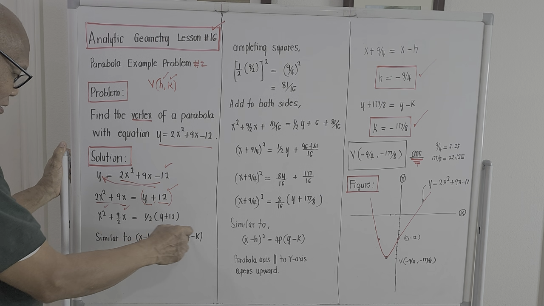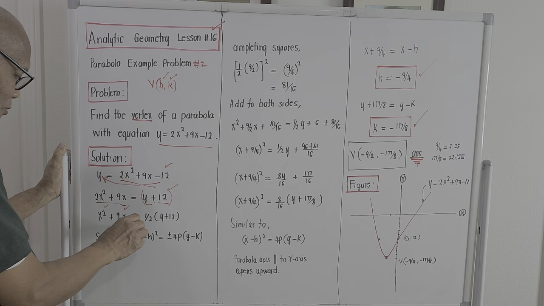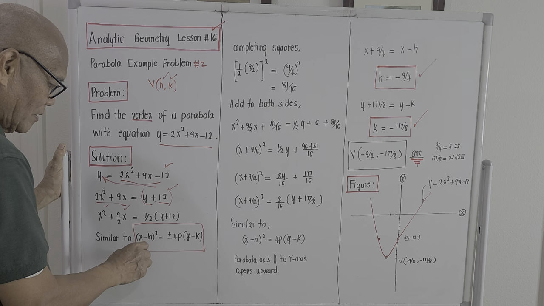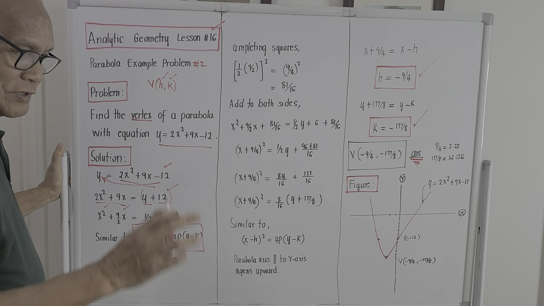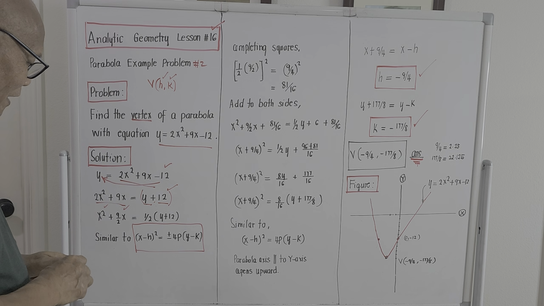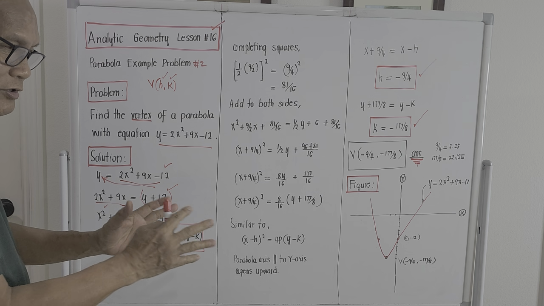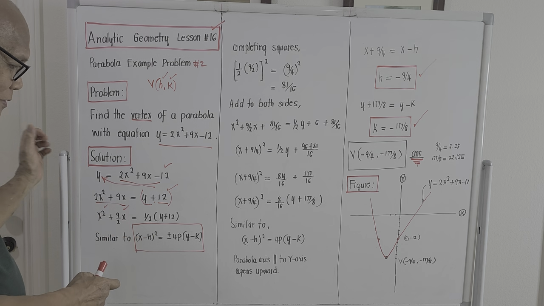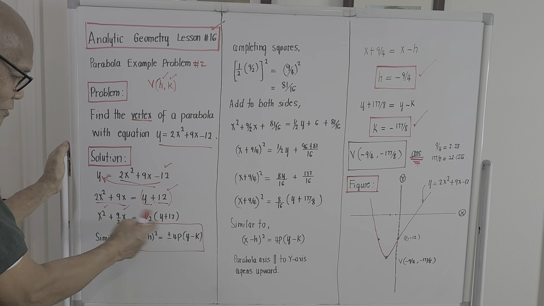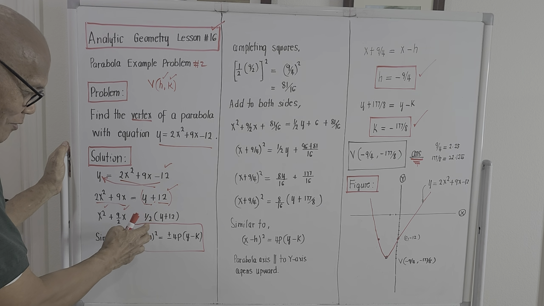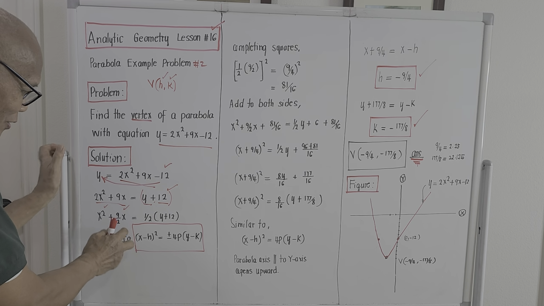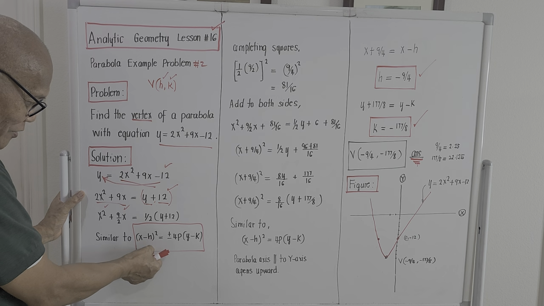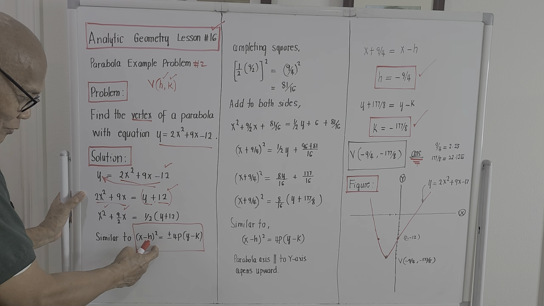And this equation here is similar to this form here. There's a similarity. What's the similarity? The similarity is that the pure x terms is actually the quadratic part of the equation. And the right hand side will be just simply a pure constant and a y. So like what I said, this one is similar to the form x minus h quantity square equal to.